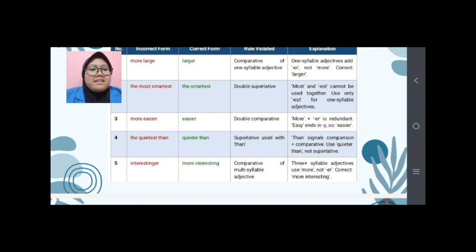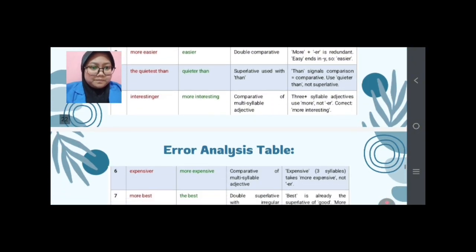The quietest than, quieter than. Superlative used with than. Than signals comparison. For comparative use quieter than, not superlative. Interestinger, more interesting. Comparative of multi-syllable adjective. Three plus syllable adjectives use more, not -er. Correct: more interesting.